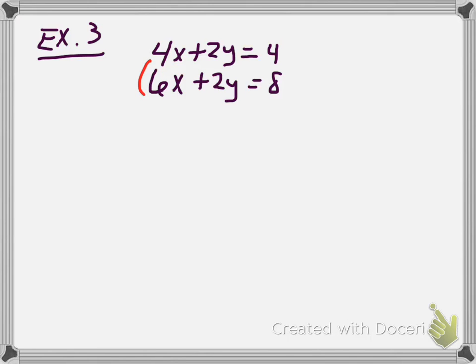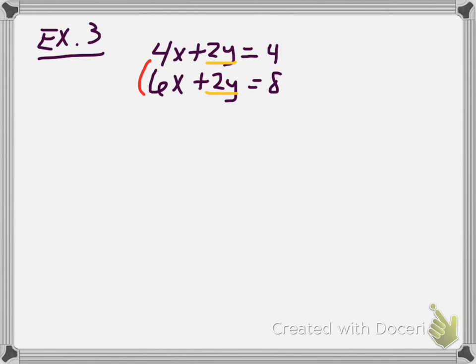The first thing we need to think about here is to look at your numbers. We have a 4x and a 6x. We have a 2y and a 2y. Who's closer to what we need? Same variable, same number. Well, apparently it's the 2y's. So we're going to have to work with these. The only thing they're missing is, remember, one of them has to be a positive, one of them has to be a negative.